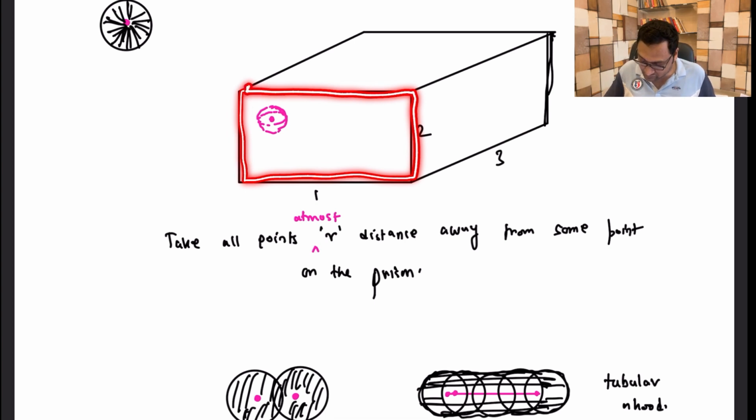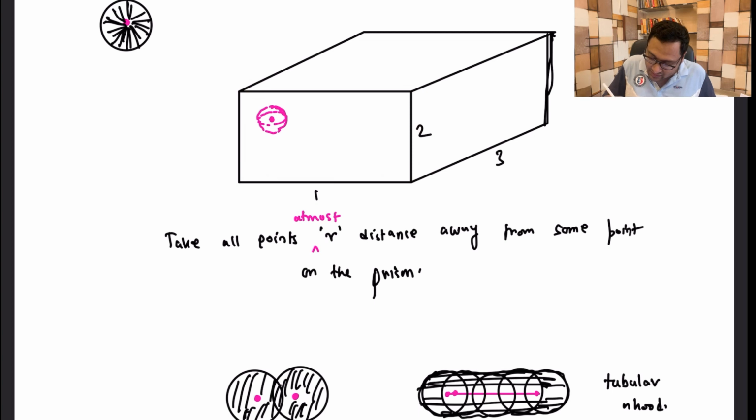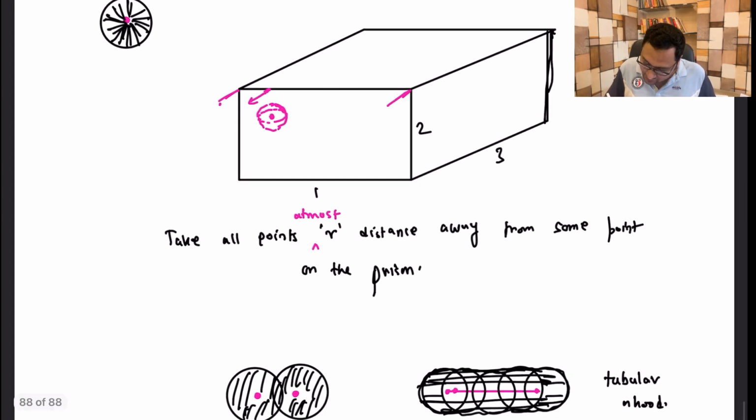Well, clearly something like this. So from every point, I have to go R unit in one direction, right? R unit in one direction.